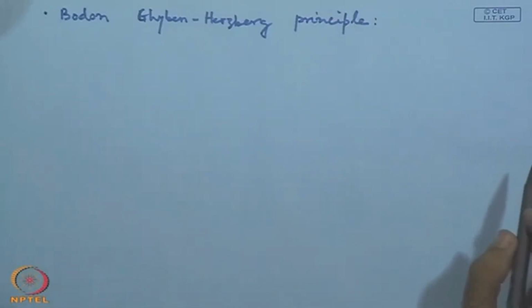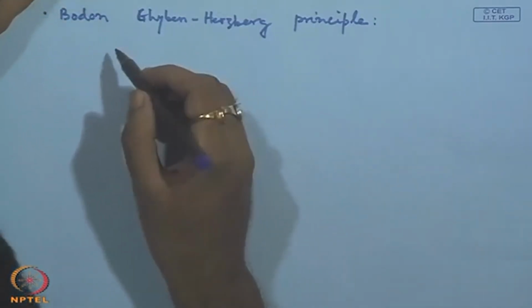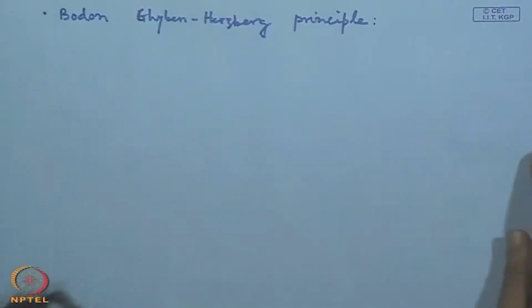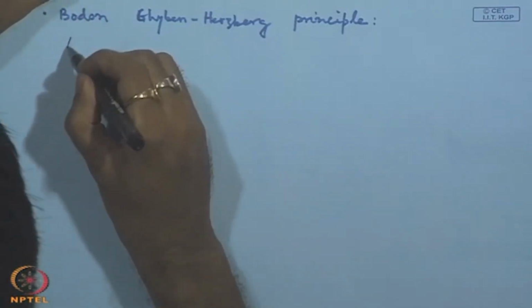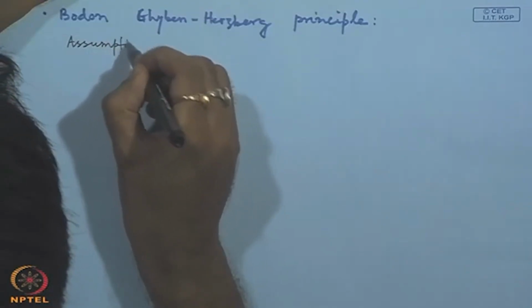So, this is the most simple approximation of the interface for modeling the saline water intrusion in coastal aquifers. So, what are the inherent assumptions for this particular principle?